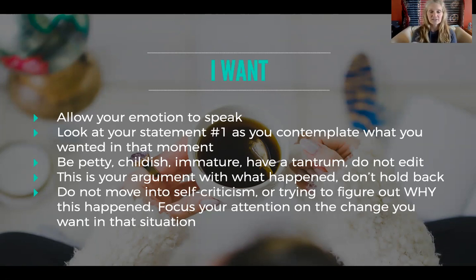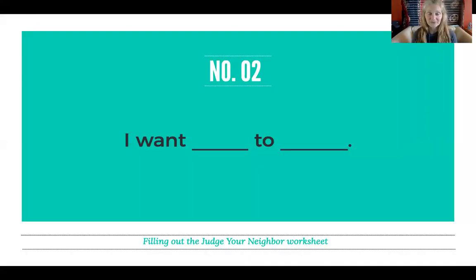How do you want them to change? Number 2, I want the identity of that person's name, that condition, the disease, money, object, body, them. I want, fill in the blank. What do you want them to do?